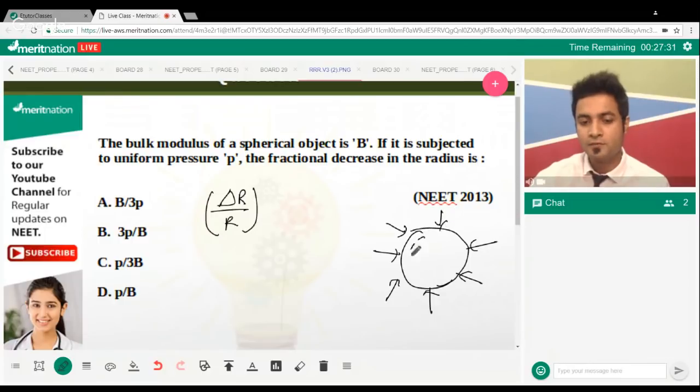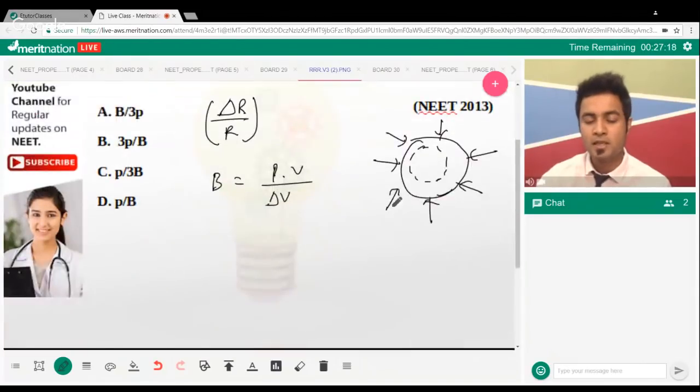The radius will definitely decrease, because I just told you that when we put the bulk modulus in the formula, that is pressure upon delta V upon V, right? Here delta V is the minus change in the volume. So V is equal to 4 upon 3 pi r cube.